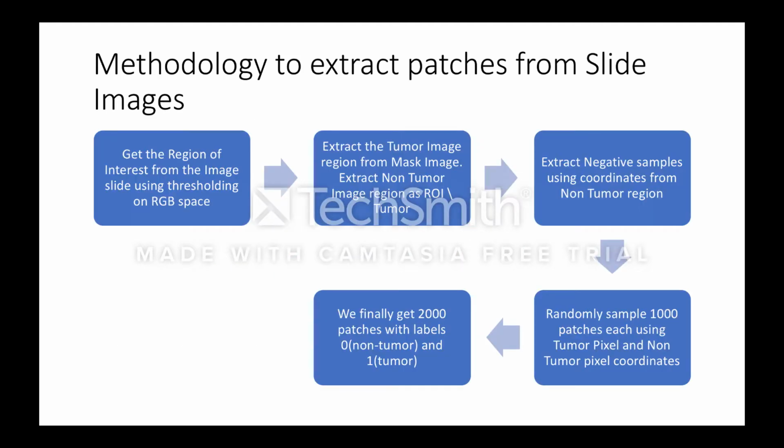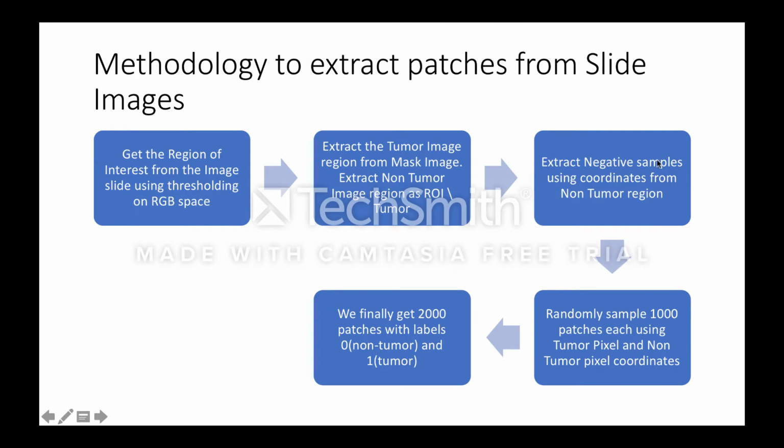First, I'm going to go through the methodology I used to extract the patches from the slide images I had from the data. First, we go through the region of interest from the image slide using thresholding on RGB space. Then we extract the tumor image region from the corresponding mask image, and then we extract the non-tumor image region from the difference between the region of interest and the tumor regions.